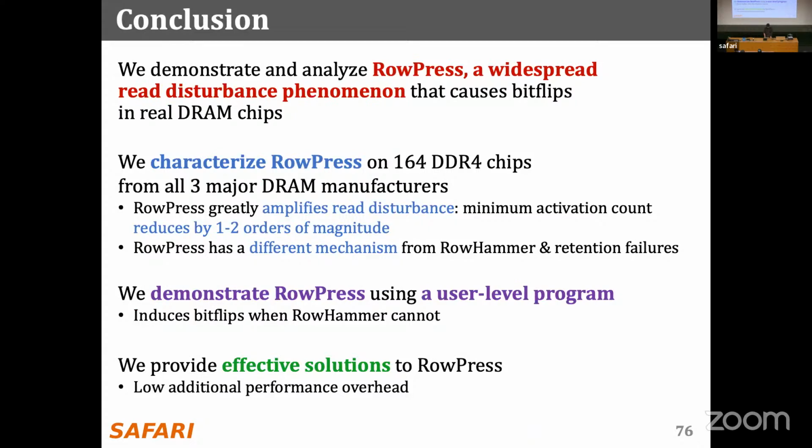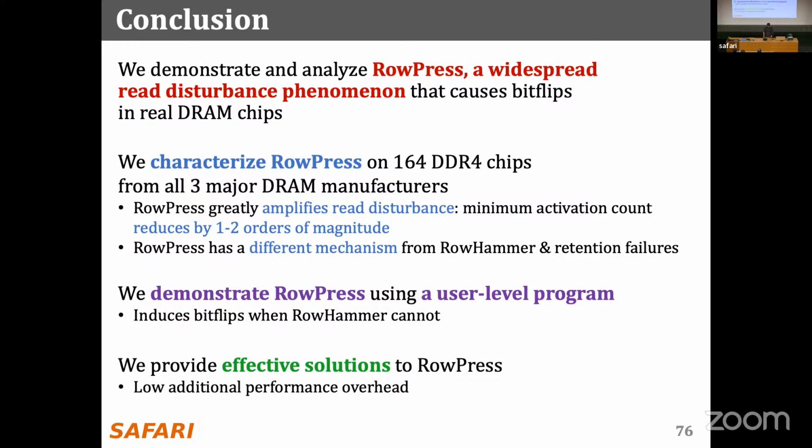To conclude, we demonstrate and analyze RowPress, a widespread read disturbance phenomenon that causes bitflips in real DRAM chips. By characterizing RowPress on a large number of chips from all three major DRAM manufacturers, we show that RowPress significantly amplifies DRAM read disturbance by reducing the minimum activation count to induce the first bitflip by 1 to 2 orders of magnitude. It has a different underlying mechanism compared to RowHammer.